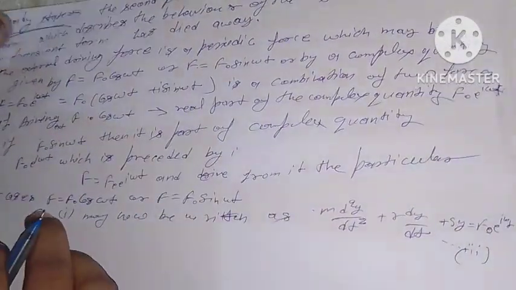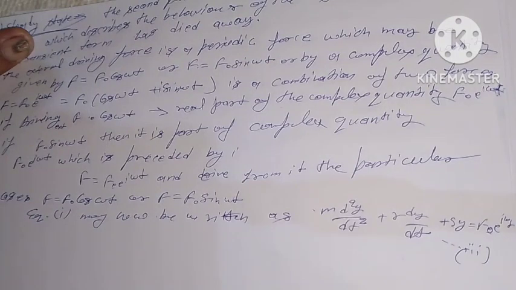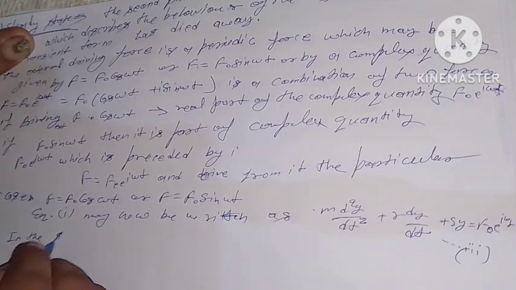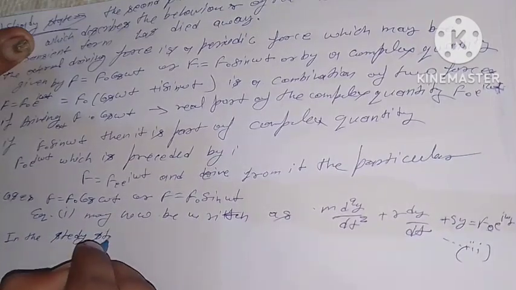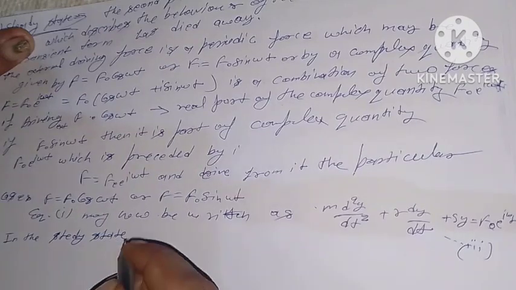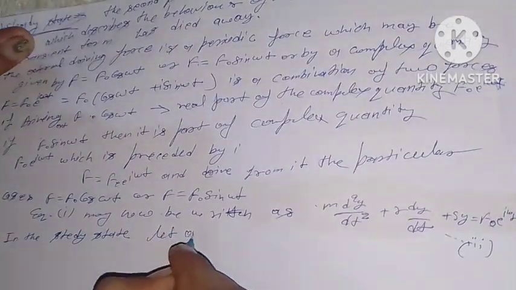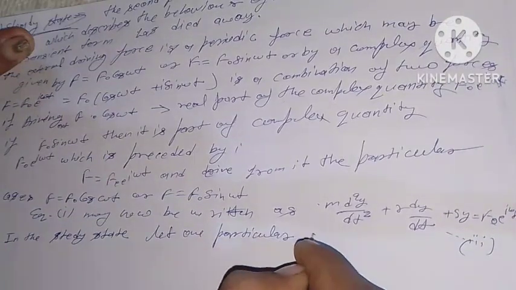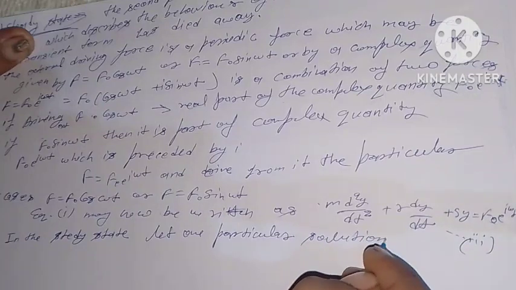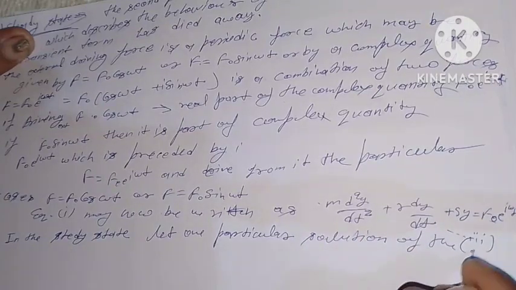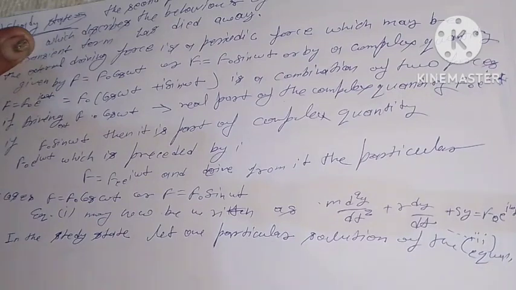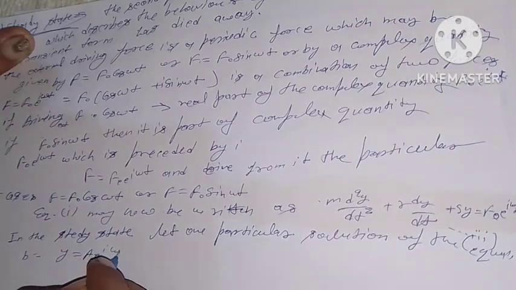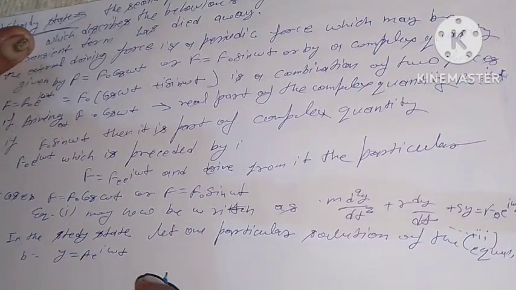In the steady state, let one particular solution of the equation be y equal to a e to the power i omega t, where a is a complex quantity.